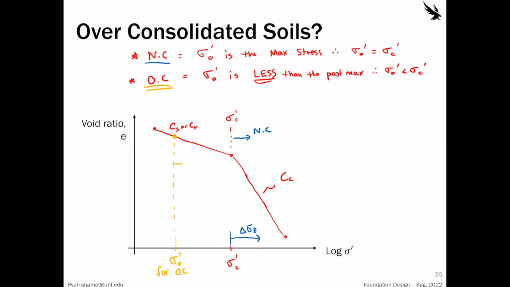So if we add delta sigma z, we are on the Cs line or the Cr line, or we could be on both lines. If we add enough stress, delta sigma z, then we could go past our previous max and now be traveling on the Cc line.